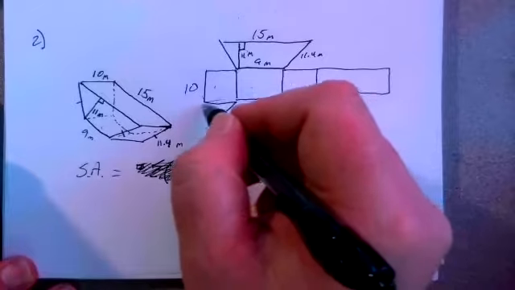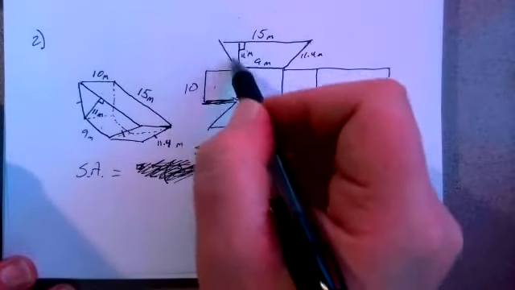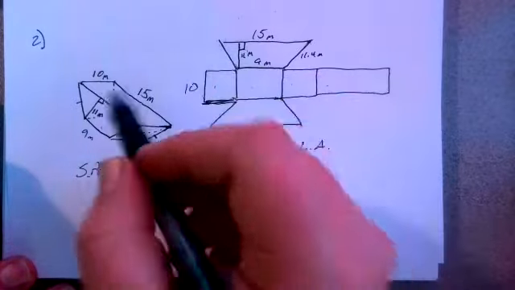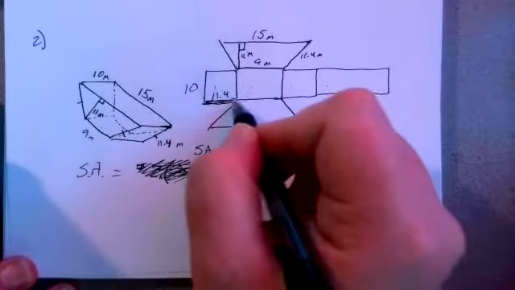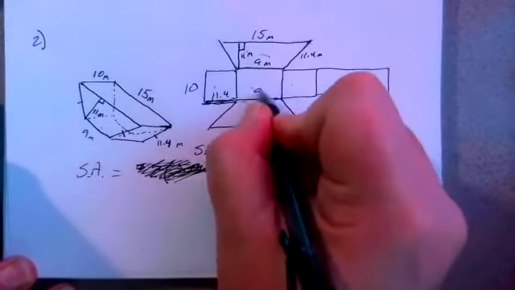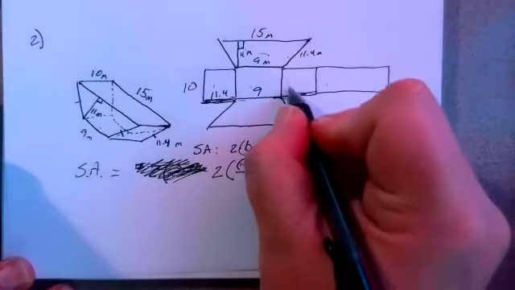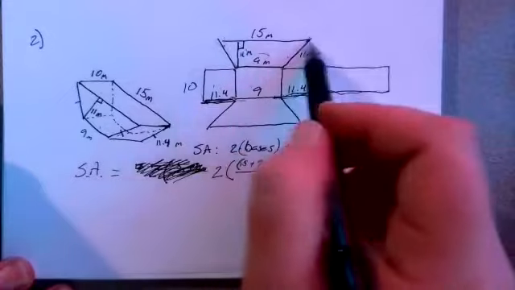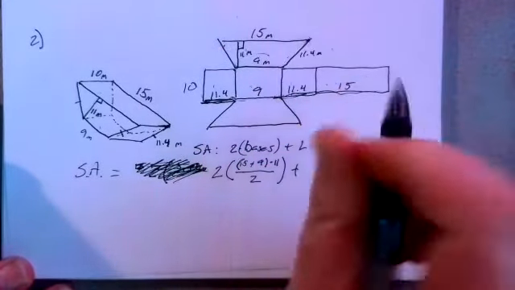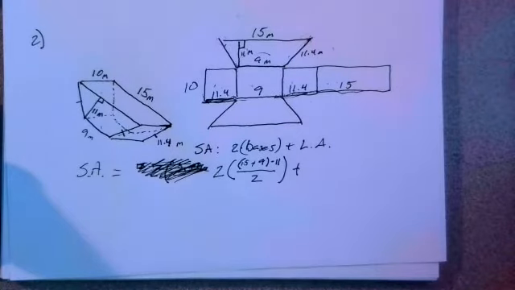This length is the same as this length, and that is 11.4. And then this length is 9. This length here is the same as that one, so I get 11.4. And this length would be the top length here, so that would be 15.